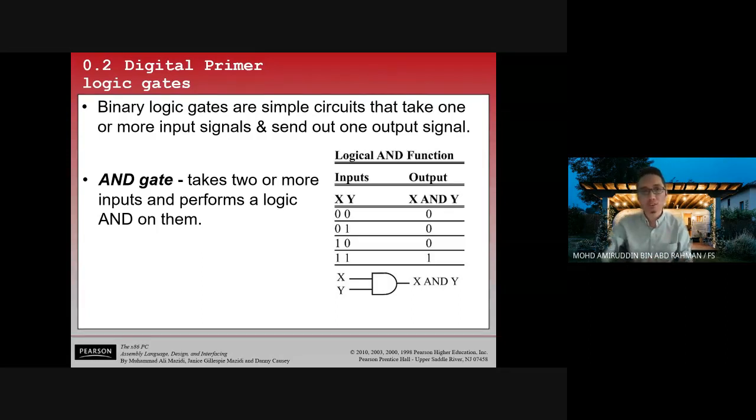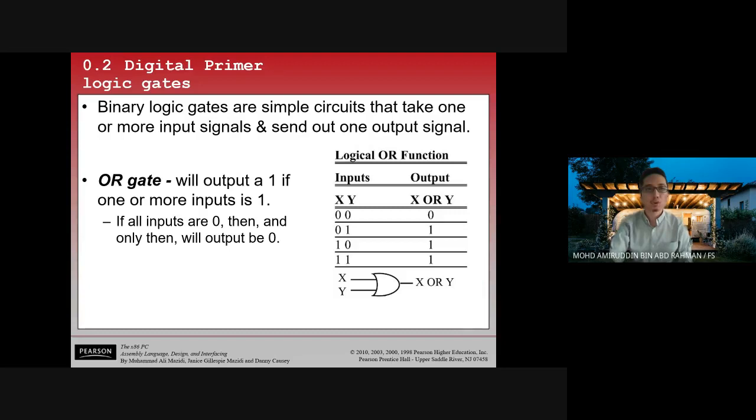That's the function of the AND gate. It means that you multiply X and Y: 0 and 0 gives 0, 0 and 1 gives 0, 1 and 0 gives 0, and 1 and 1 gives 1. So the AND gate turns on when both inputs are on.